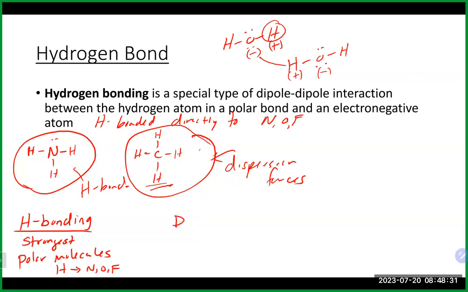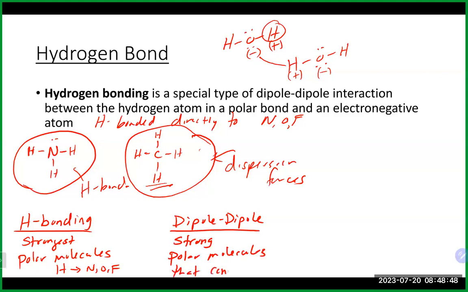The next strongest is dipole, and any version of it, ion-dipole and all that. And that is also pretty strong. That is for polar molecules that cannot hydrogen bond.